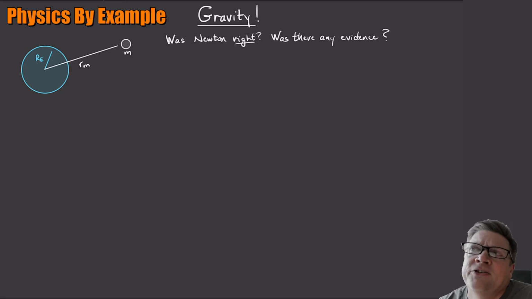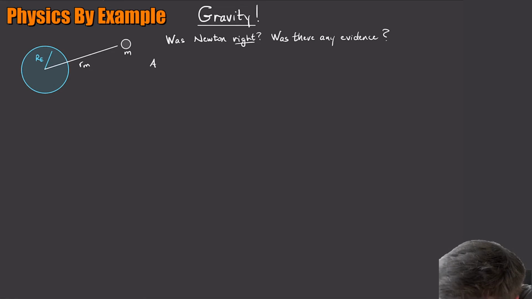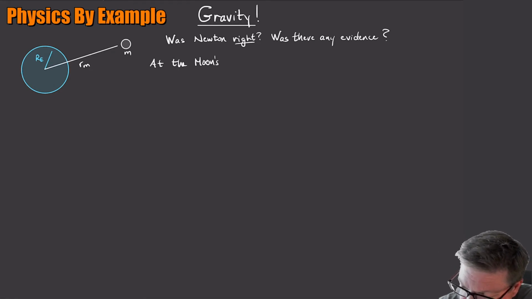All right, so at the moon's distance, what would its acceleration due to gravity be? We can calculate that. At the moon's distance, its sort of g out there, right?